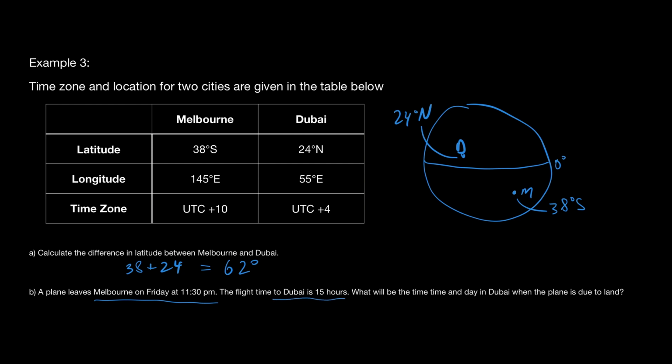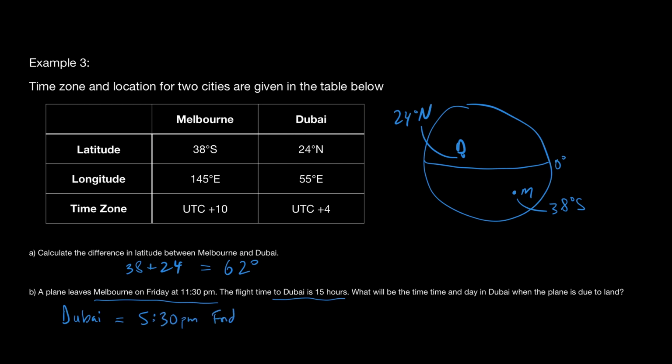With this problem, I'm going to try and calculate the time in Dubai when the plane leaves Melbourne. We looked at the time difference. Dubai is going to be 6 hours behind Melbourne. So if we go back 6 hours from 11:30 p.m., Dubai is equal to 5:30 p.m. Friday.